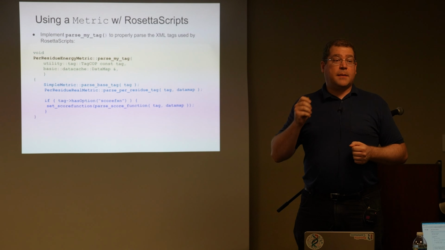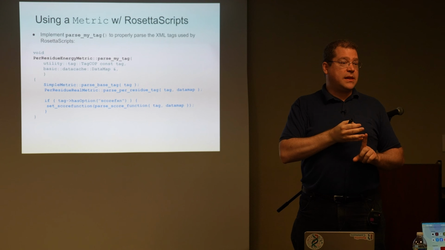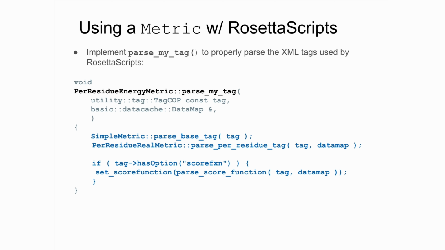The big difference here, though, is that because there's information that both the subclasses use, unlike the mover system, there's additional information that's read in the base class parse my tag. You should call the base class parsing functions, both the SimpleMetric and the per-residue real metric, such that that information can be read by the base class. And then once you do that, you can do the parsing for your particular SimpleMetric.